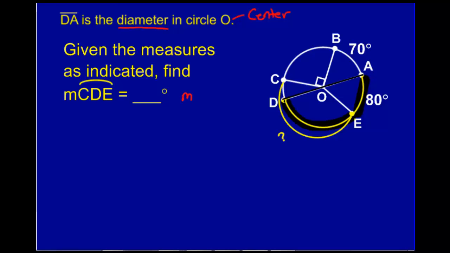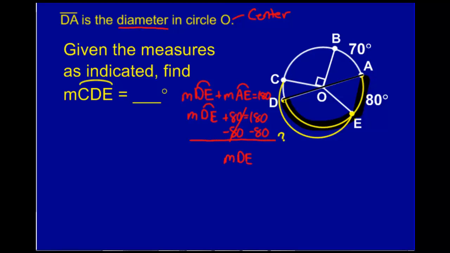The measure of arc DE plus the measure of arc AE, that's got to equal 180. So the measure of arc DE plus 80 equals 180. And writing it out like that really is a great way of communicating that we really know what's going on here. So measure of arc DE is 100 degrees.